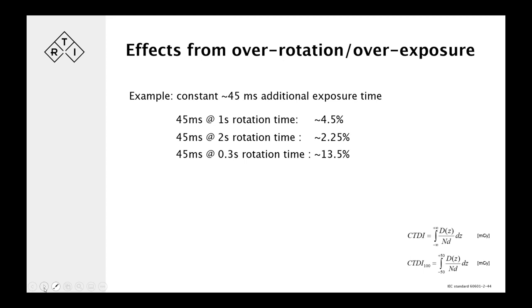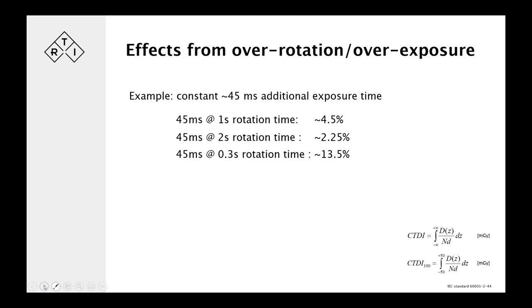And if we have a 0.3 second rotation time, as we now have on these quite fast CTs, 45 milliseconds was still the additional exposure time, and in a total rotation time of 0.3 seconds, that's a substantial part. That's 13.5%. Sorry, 13.5% additional radiation introduced through over rotation or additional exposure time.